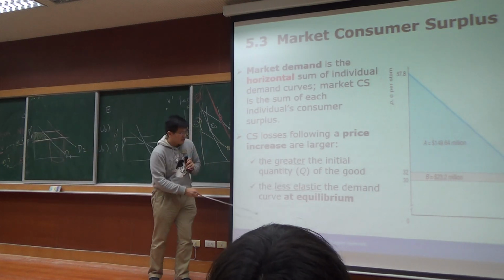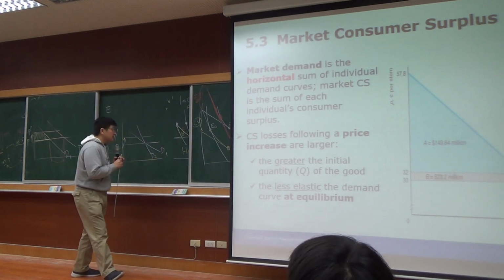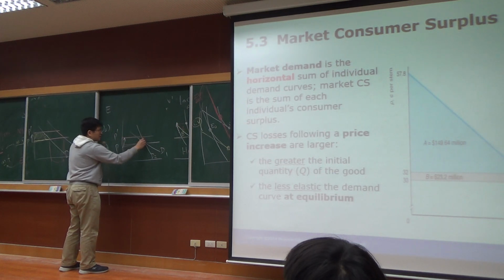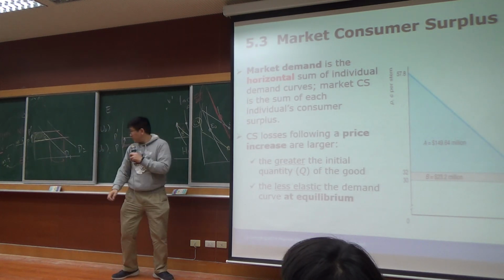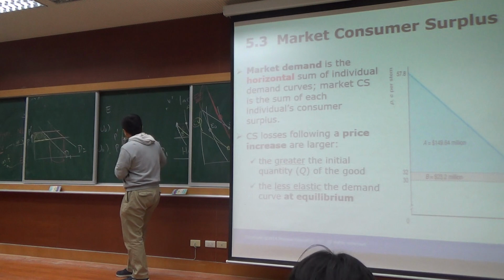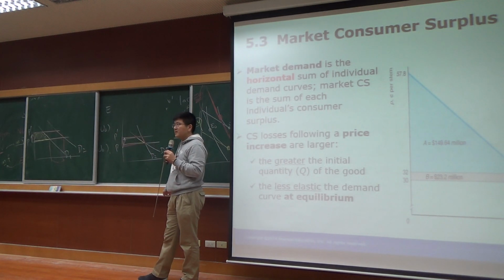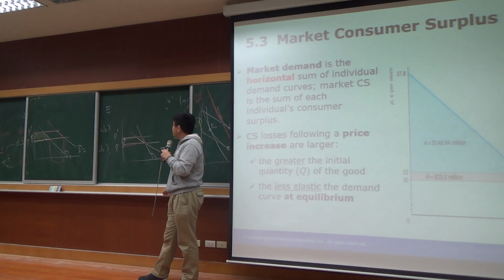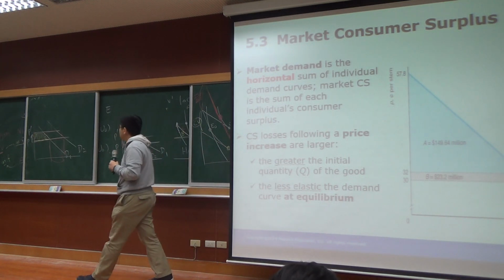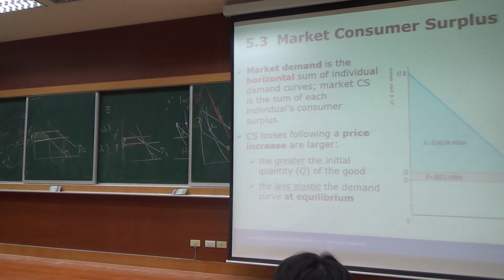So when it is less elastic, the loss of consumer surplus would be larger than the more elastic. Get the point? Another big deal is quite simple here. Any question about this slide?